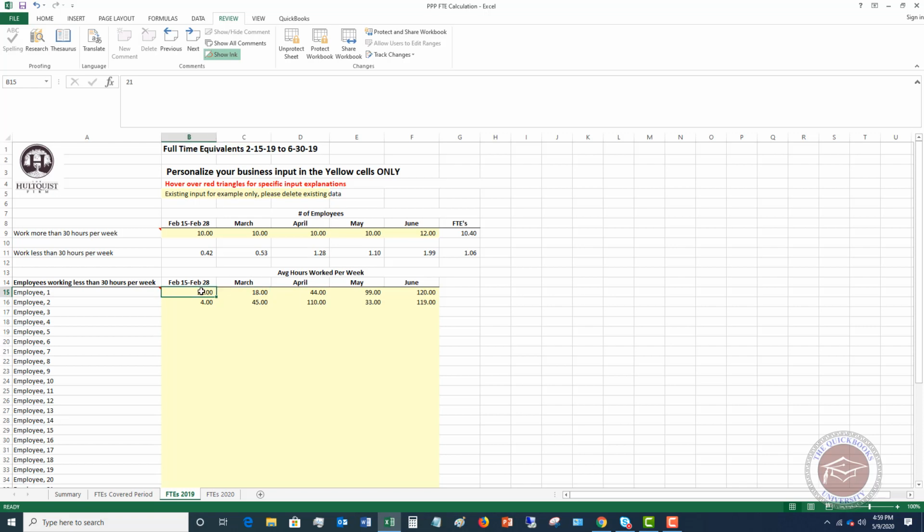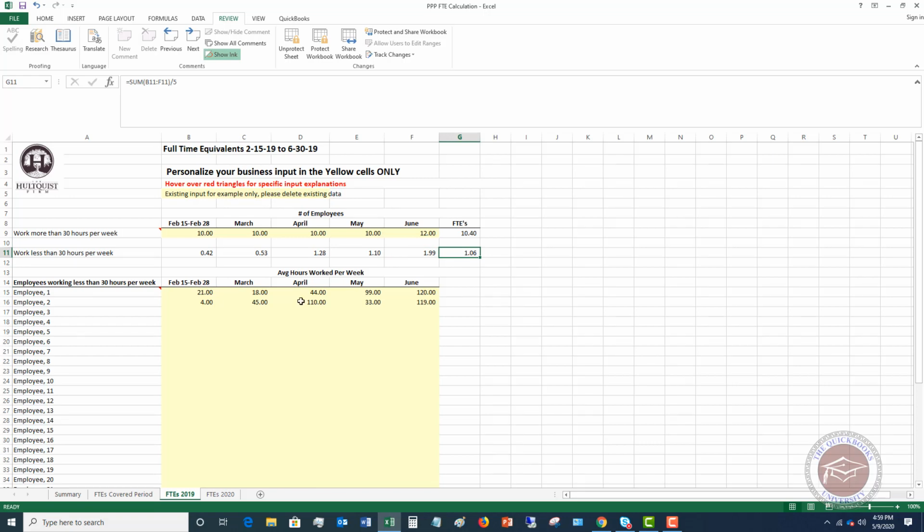Now, for this 2-week time period, it's going to be 60 hours, just half of 120. If they worked less than 60 hours during that 2-week time period, put in the number of hours here for that employee. And you're going to do this for each month in 2019, and this will calculate up here to give you your average FTEs.